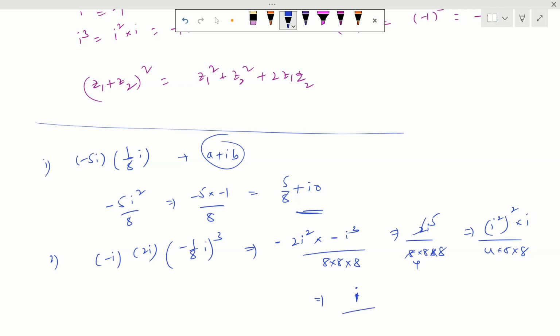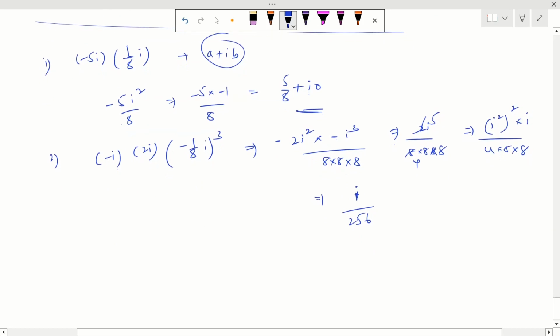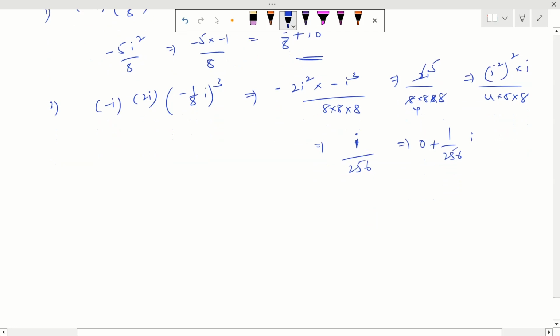So 4 into 8 into 8 is 256. The final expression is 1 by 256 of i. So the real part is 0 here.